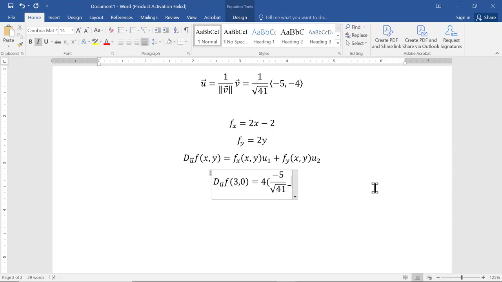We've already established that. Plus f sub y at (3, 0). Plugging (3, 0) into f sub y, I would get a 0 times, well, u2 would be -4 divided by square root of 41.